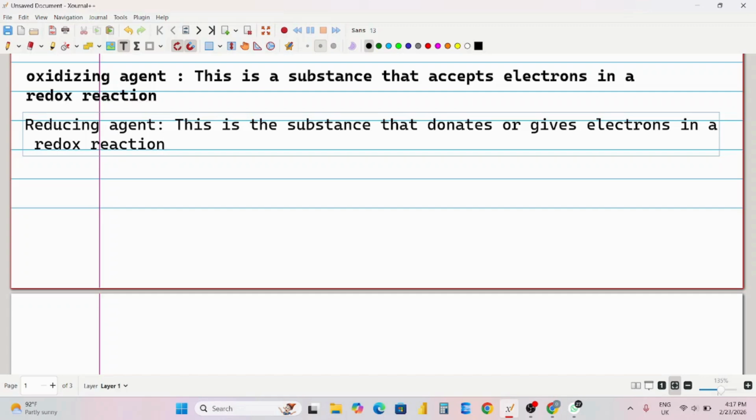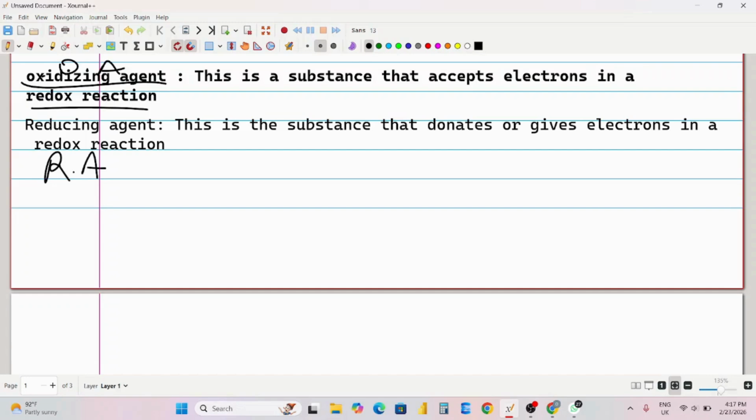A substance that accepts electrons, a substance that donates electrons. The one that accepts electrons, we're calling it an oxidizing agent, let's call it OA. While the one that donates electrons, we're calling it a reducing agent, let's call it RA.